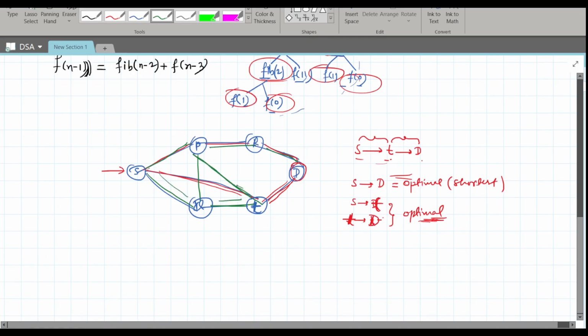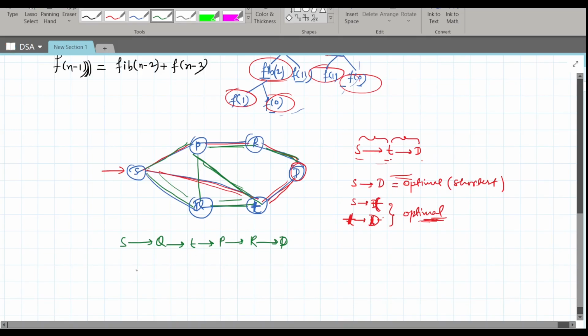So 1, 2, 3, 4, 5. If we talk about the longest path from S to D, then it will be S to Q, then Q to T, then T to P, then P to R, then R to T. So it will consist of 5 edges.